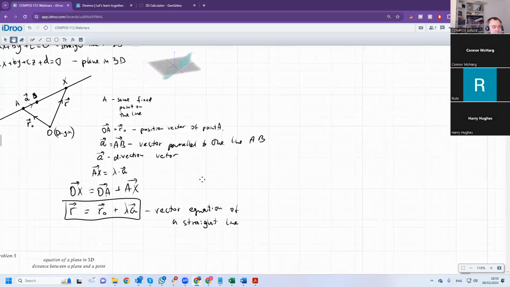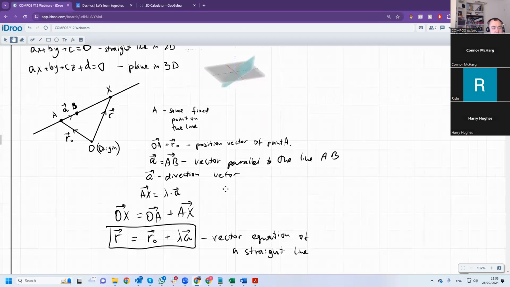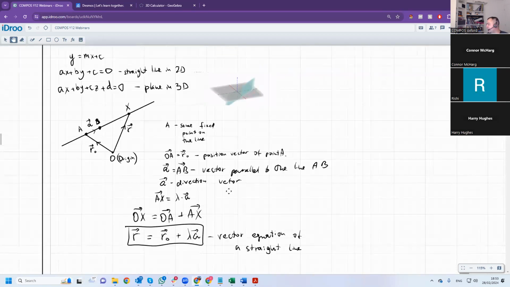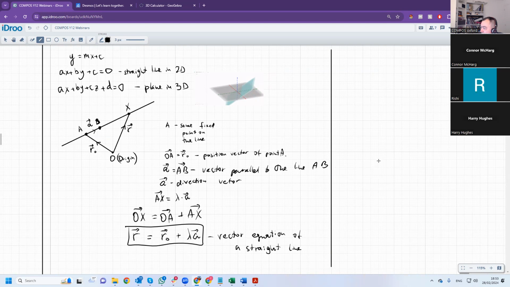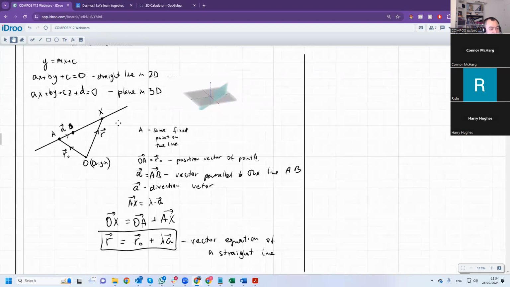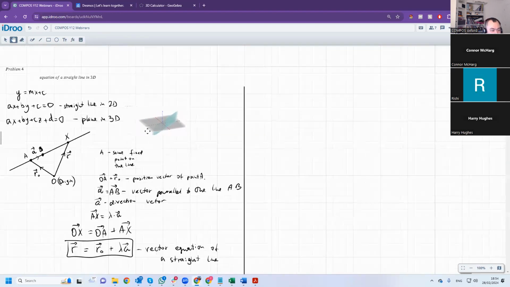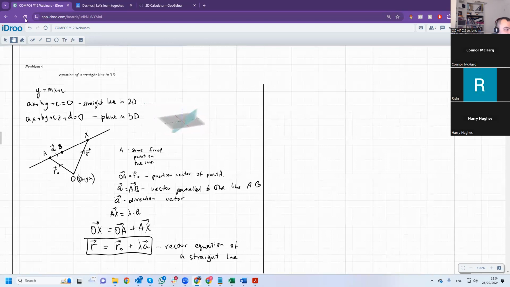How does that work? I understand it might be tough for you right now because you haven't done this. This is year 13 stuff. But let's see if it works.